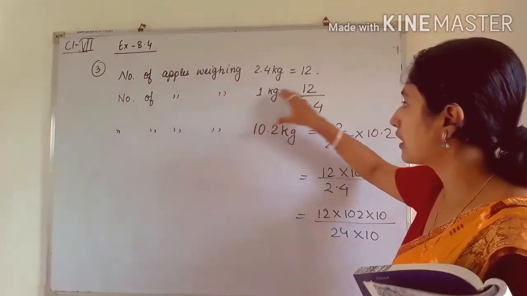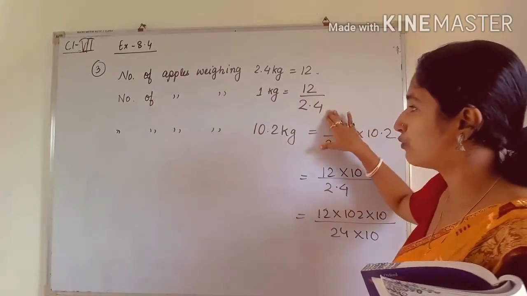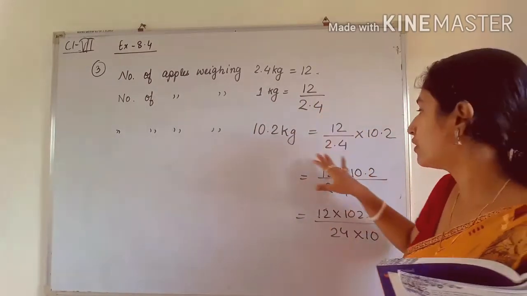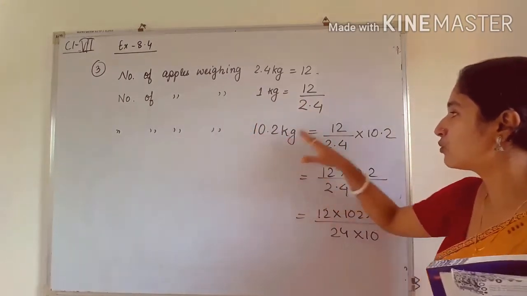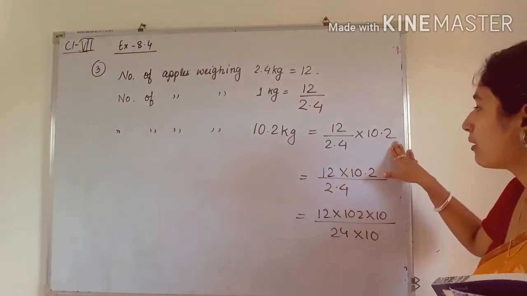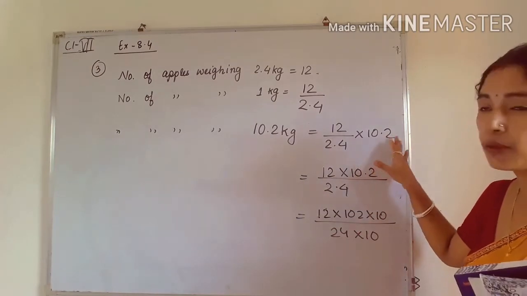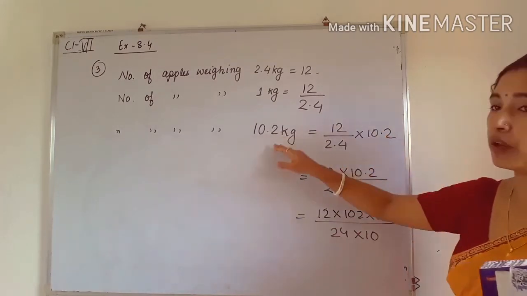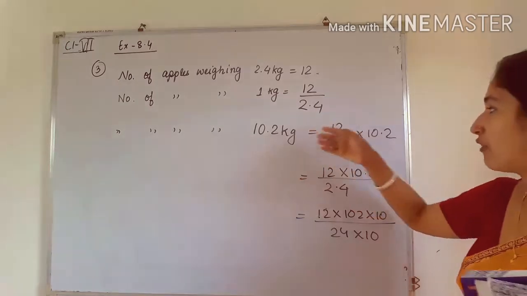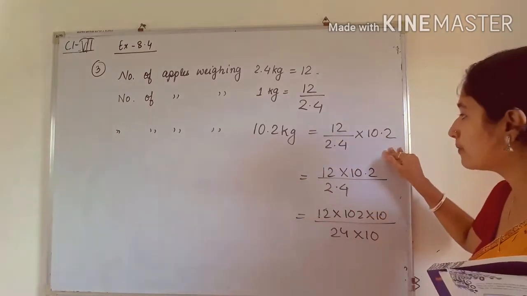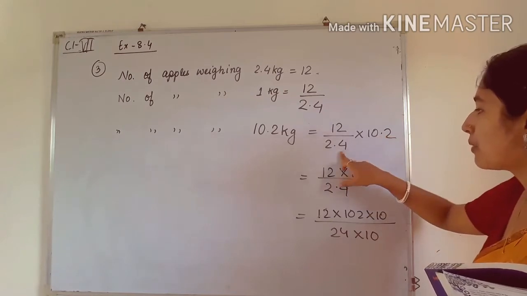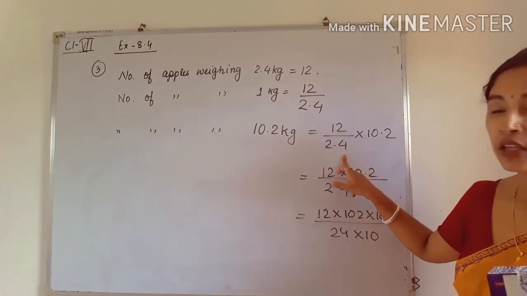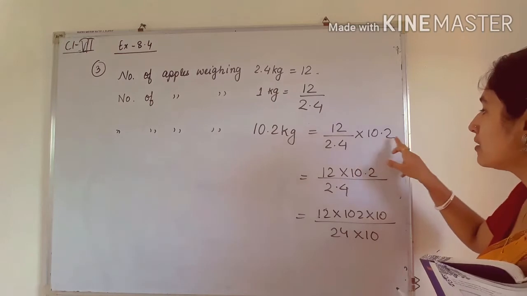So for 1 kg we can easily find, so 12 by 2.4. We will not solve it here, we will solve it finally. So the number of apples weighing 10.2 kg will be 12 by 2.4 into 10.2. You know that we have to multiply it because we are finding for many. So for finding for many we have to do multiplication. Okay. So see, the decimal part here and the decimal part here is the same, that is, the digits after the decimal point are the same.